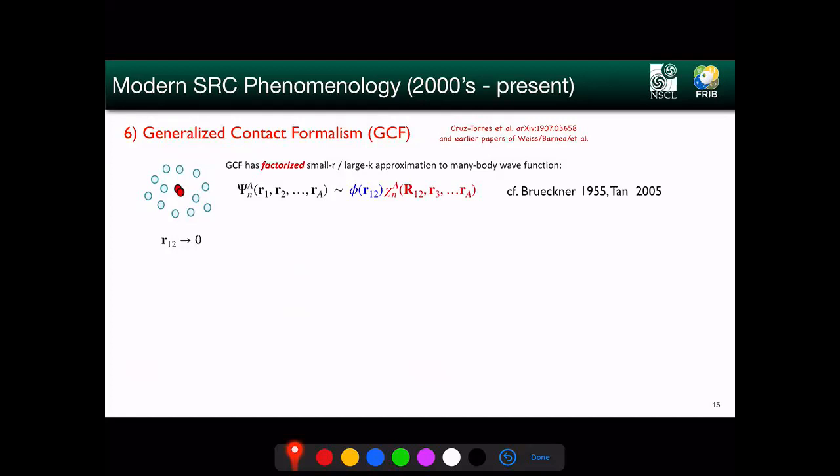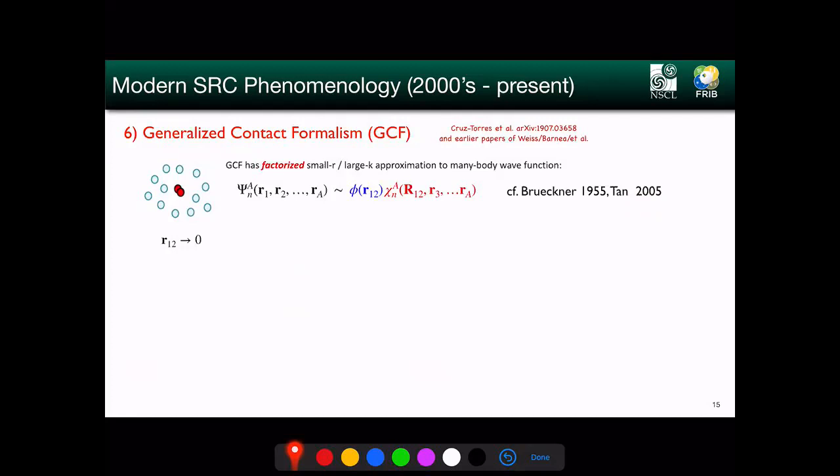The basic idea of the GCF, even though they motivate it by drawing on work done by Shina Tan in the description of cold Fermi gases with large scattering lengths.